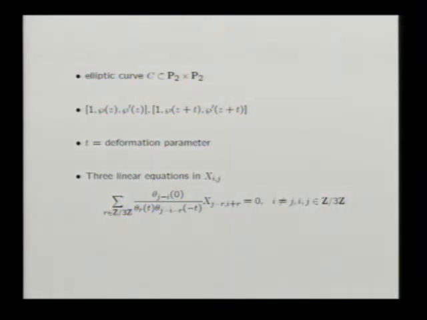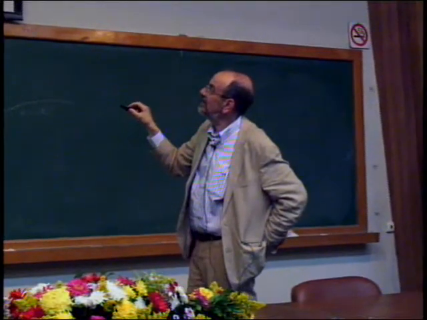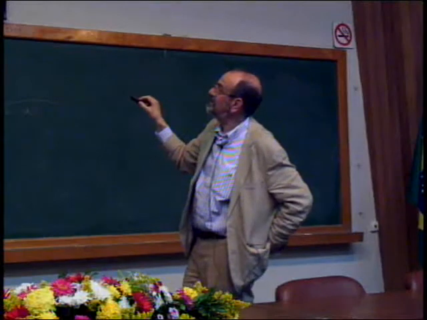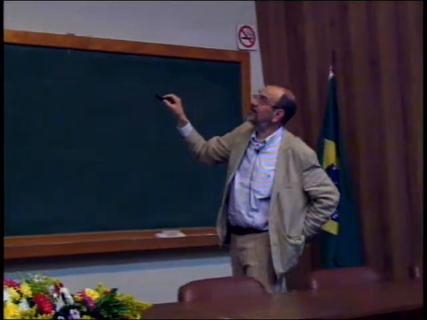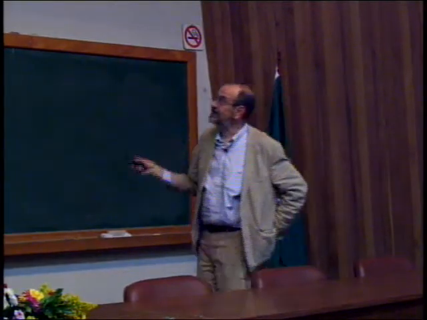And then, what are the equations? What are the linear equations? 3 linear equations. Well, if you write things in terms of theta functions, maybe not this basis, but a similar basis for theta functions, then these are the equations, if you like, the 3 equations on 3x3 matrices which describe this deformation of the Hilbert scheme.